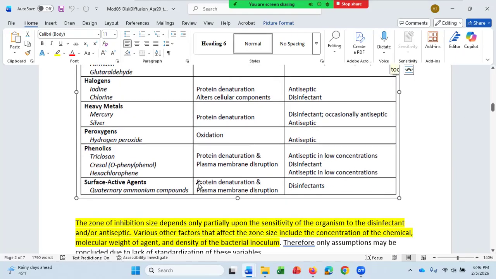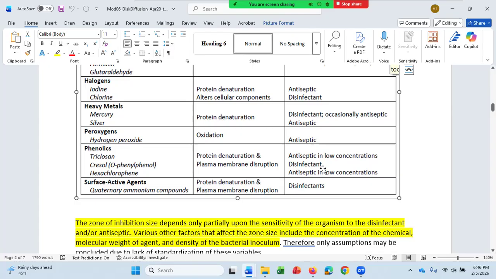Phenolics. Phenol was actually the first chemical that Joseph Lister used as an antiseptic on patients about to undergo surgery. Phenol was the strongest disinfectant and antiseptic that Joseph Lister found. Nowadays we have many times better agents, but when he was using it, phenol was the strongest antiseptic that he found.